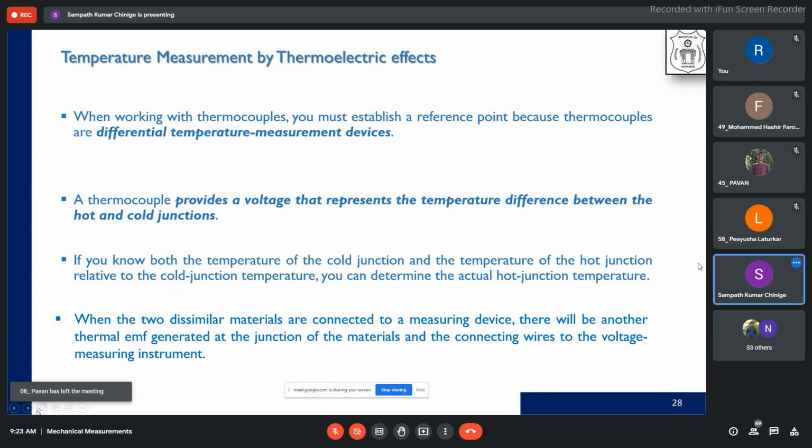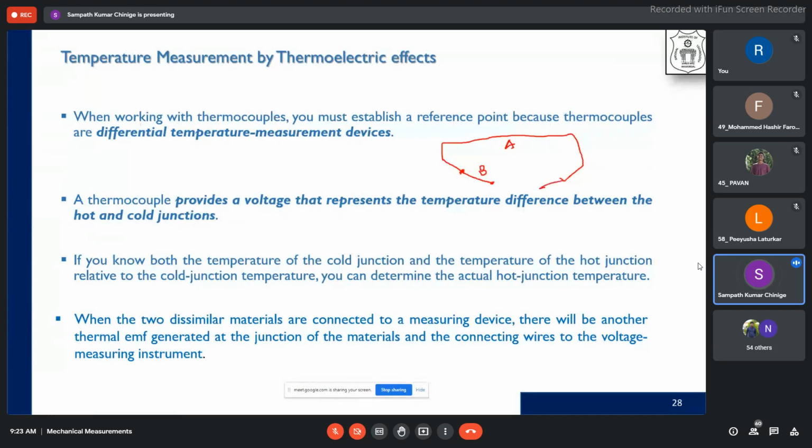This is one junction where we are connecting A material and B material, and this is the open end.